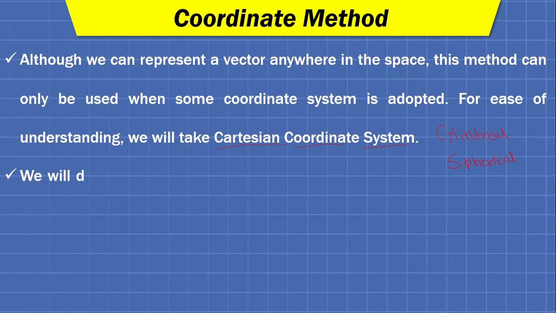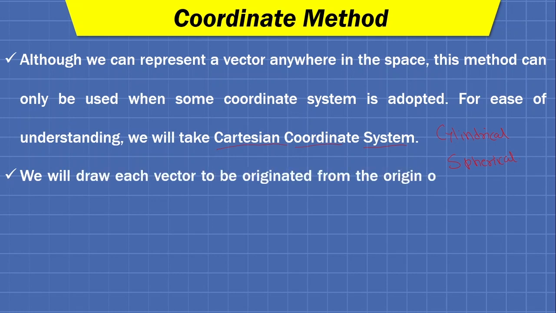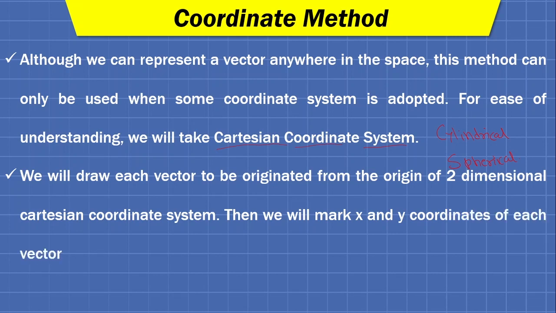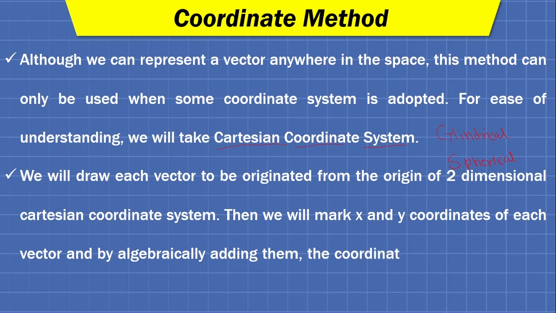So we will draw each vector to originate from the origin of a two-dimensional Cartesian system. Then we will mark x and y coordinate of each vector, and by algebraically adding them, that is x and y coordinates of vectors, the coordinates of resultant vector can be determined.